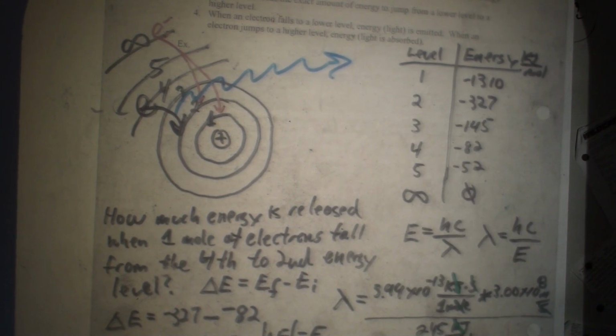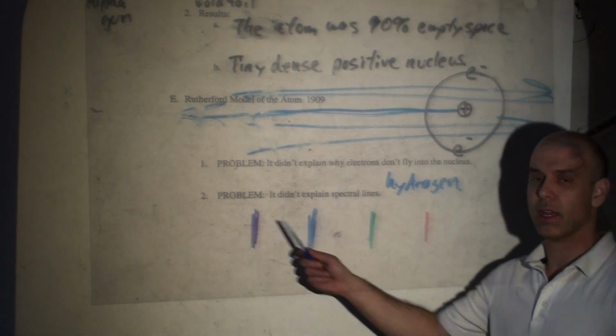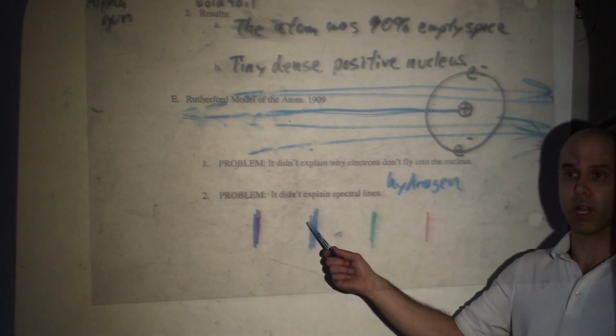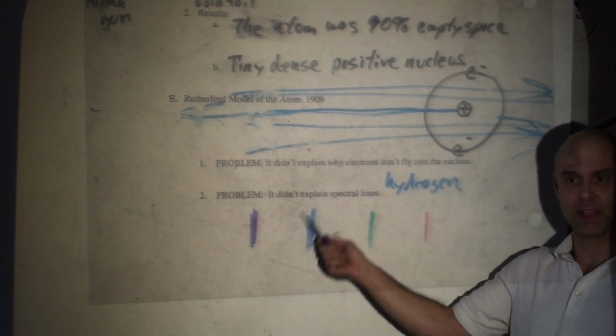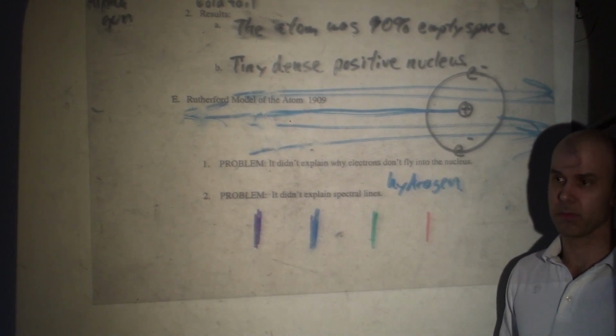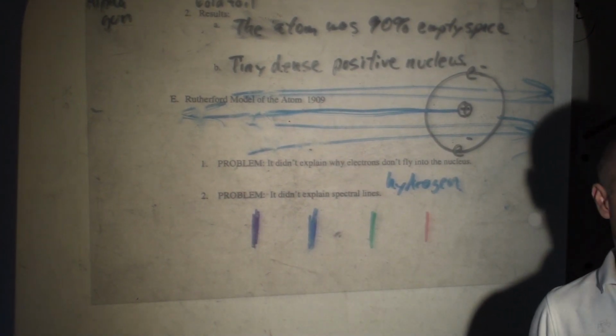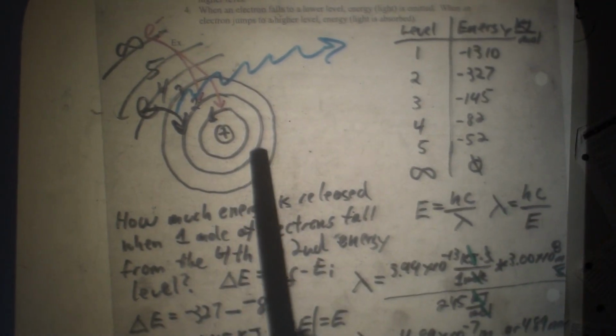And so Bohr had explained what's creating these lines. So when an electron falls from the 4th to the 2nd, that's what's making the blue light. Okay? What he had trouble with in the beginning is, why are those orbits quantized?